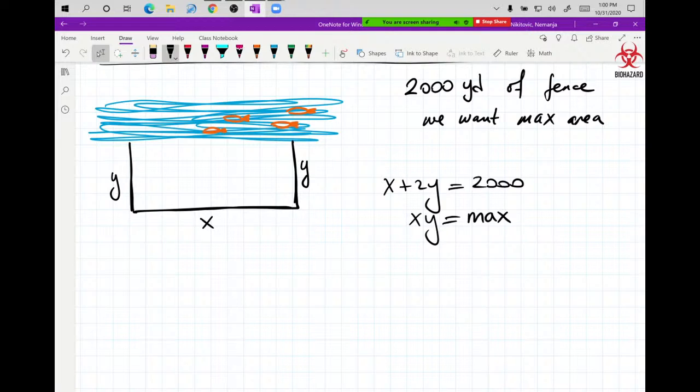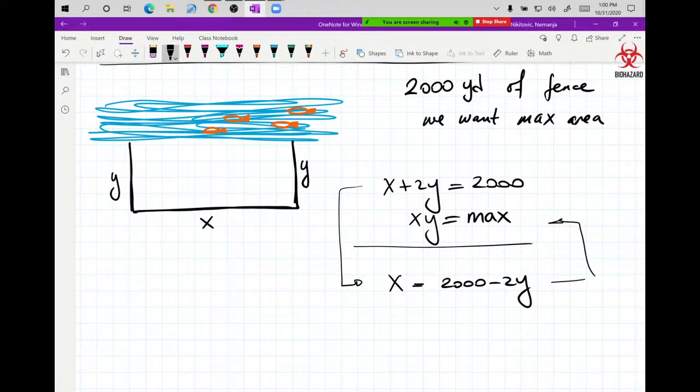So now, solve this in the same way. Well, you know what? Now I'm going to solve for x, just because. That's 2,000 minus 2y, and plug it in there. Because I just didn't feel like dealing with fractions. You can solve for y, right? You can get x over 2, and then 1,000. So it's not the end of the world. But if you can solve for x and avoid fractions, why not?